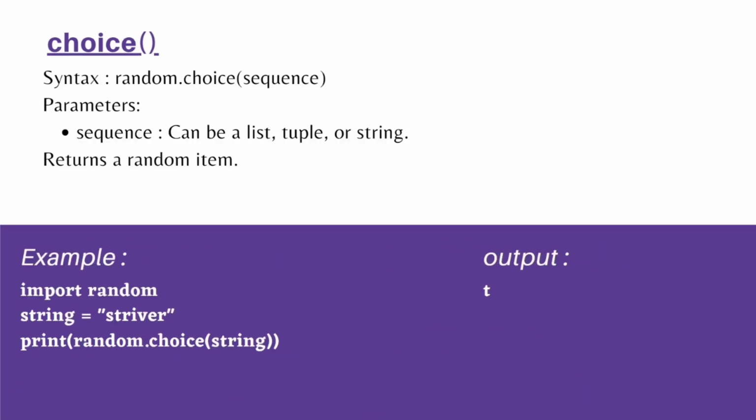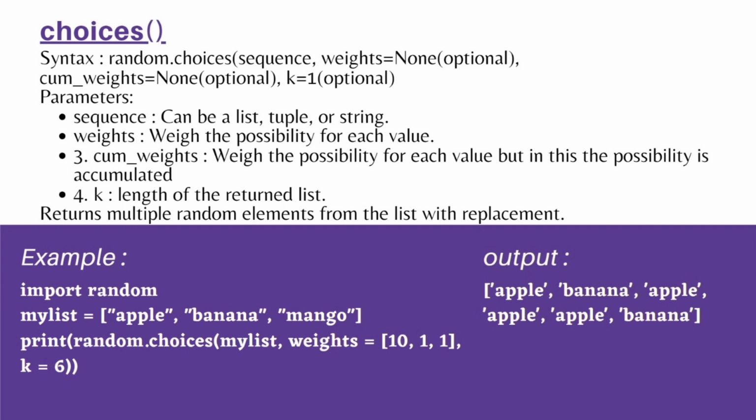Choice. Syntax is random.choice(sequence). Parameter: sequence can be a list, tuple or string. Returns a random item. Choices. Syntax is random.choices(sequence, weights=None, cum_weights=None, k=1). Weights and cum_weights are optional, and so is k. Parameters: sequence can be a list, tuple or string.